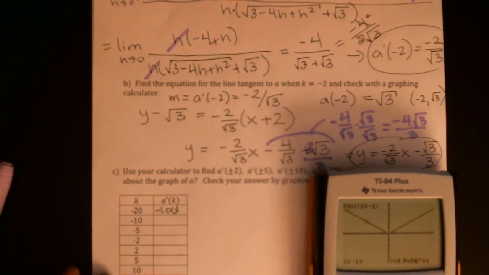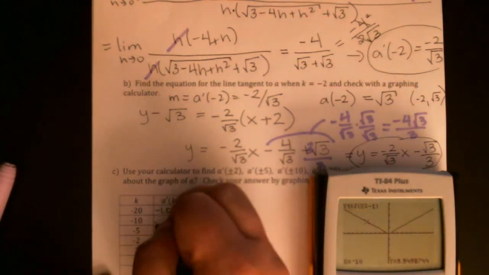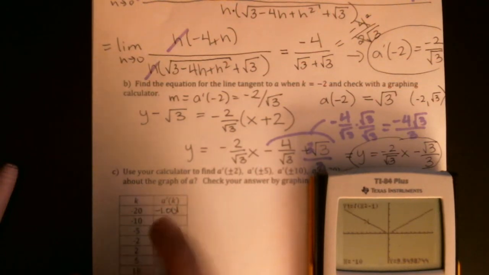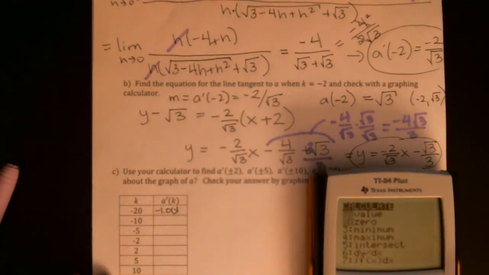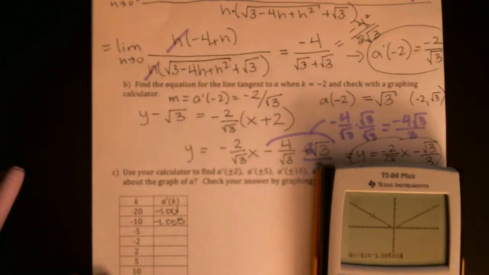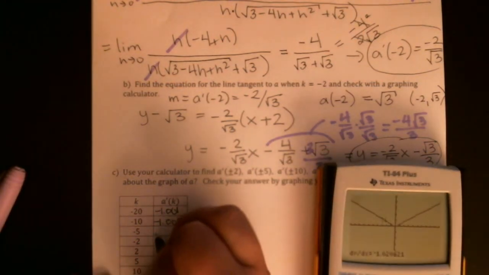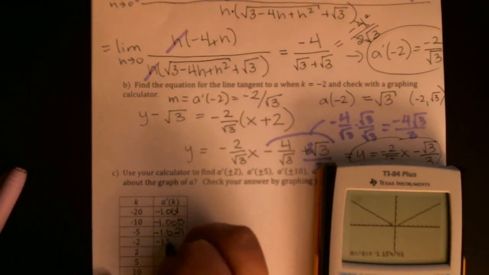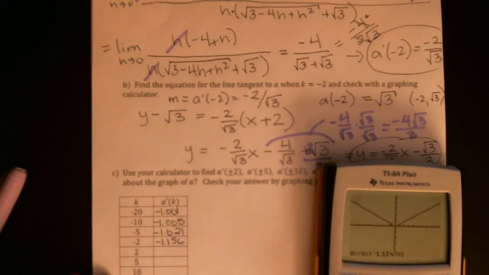At negative 10, it's negative 1.005. dy/dx at x equals negative 5 is negative 1.021-ish, and at negative 2, negative 1.156.